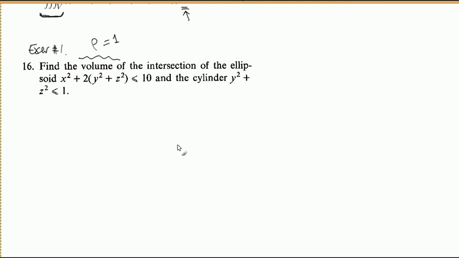Why don't we change this y squared plus z squared equals 1 to x squared plus y squared equals 1 so that it's easier to project it down. I think the projection might be good. I hope it's not cutting out too much there. I think it's safe to do that. 10 is large enough.